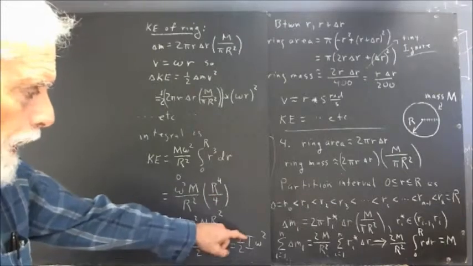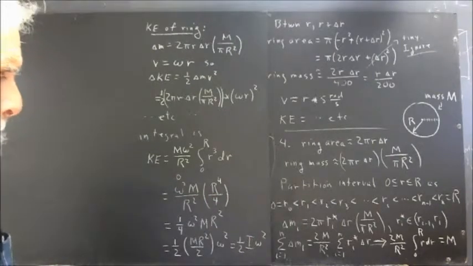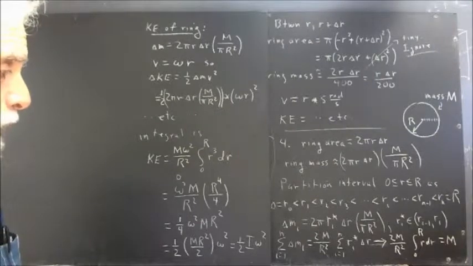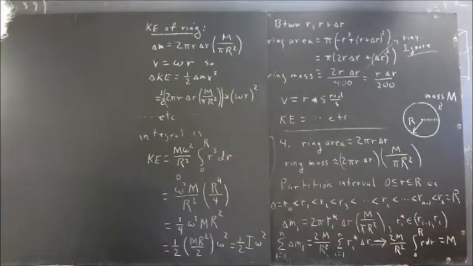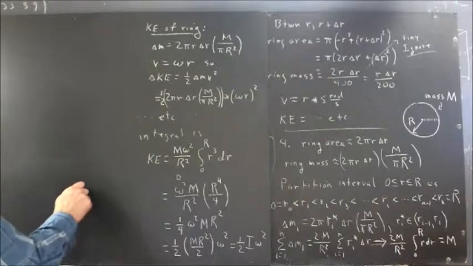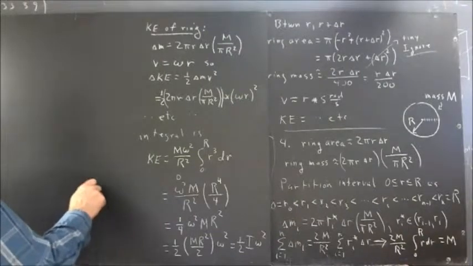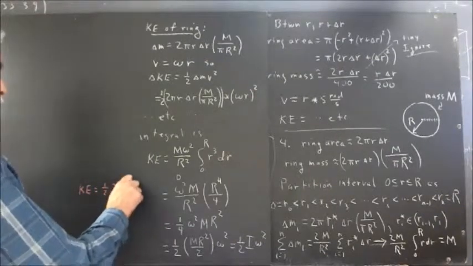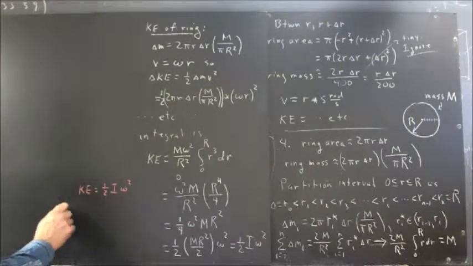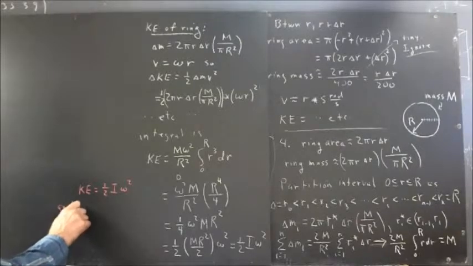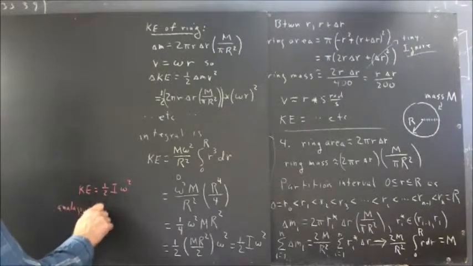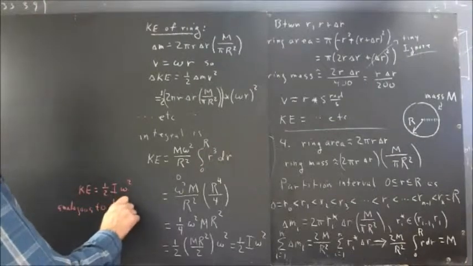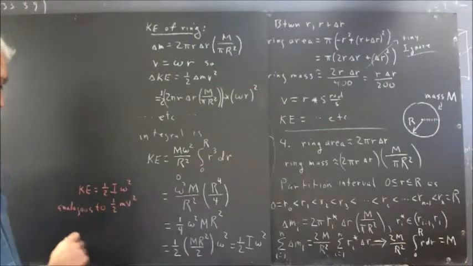And we get 1/2 I omega squared, which is analogous to 1/2 m v squared, with I equal to big M big R squared over 2. So kinetic energy is 1/2 I omega squared, analogous to 1/2 m v squared.